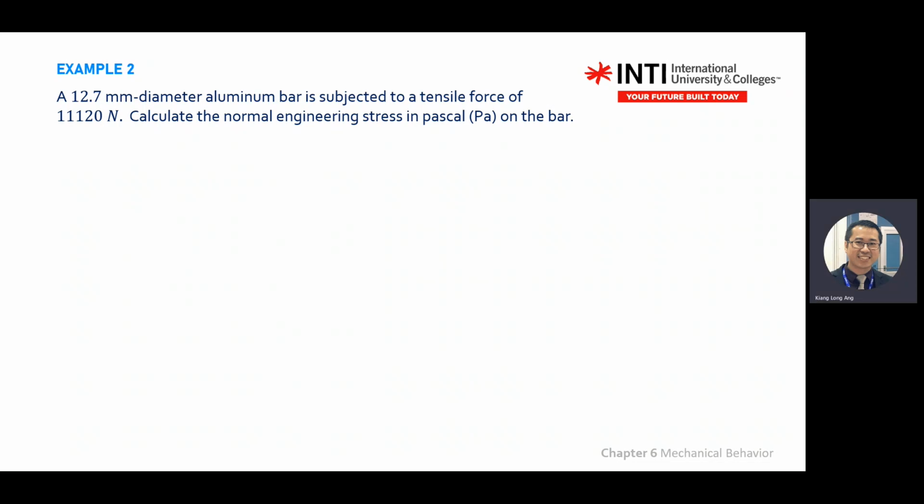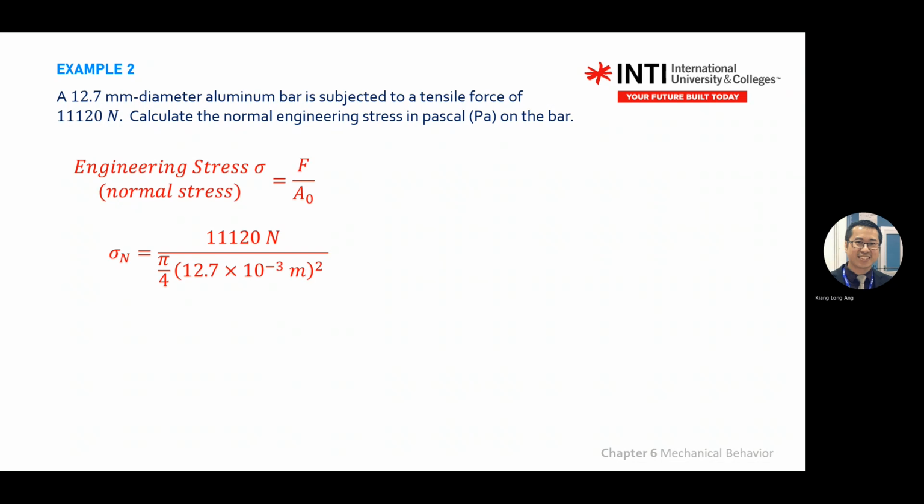What's the formula for Pascal? Stress. What do I mean by stress? Okay. F divided by A. So remember to change the unit into meter before you do the calculation.